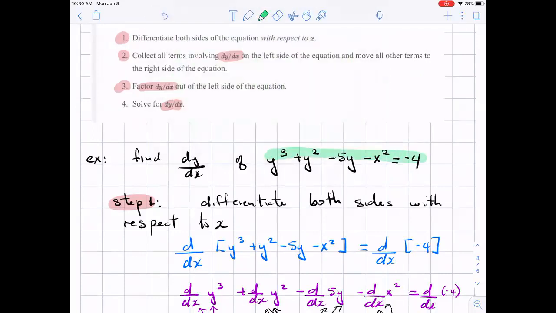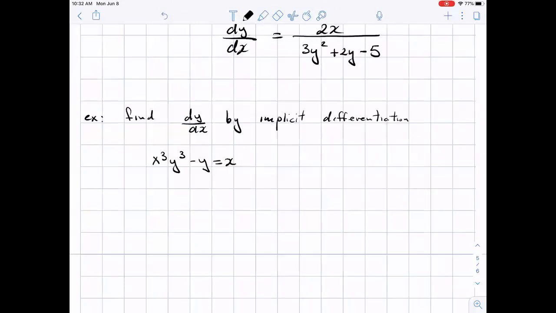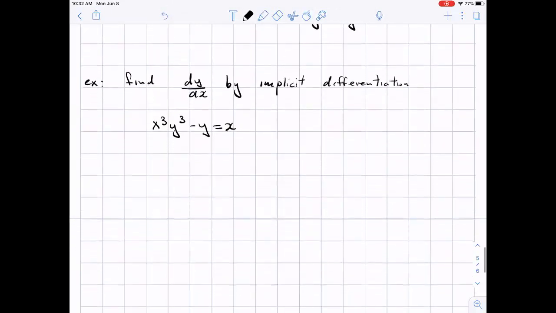Y was not by itself. Implicit function. So there's a series of steps to follow, and once that series of steps is followed, then we just solve and isolate. So let's look at another example, okay?